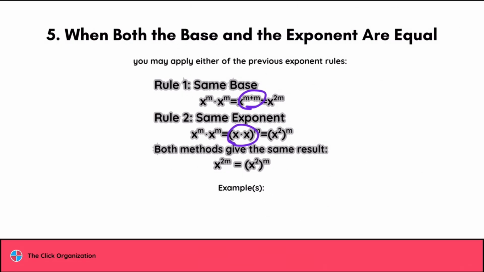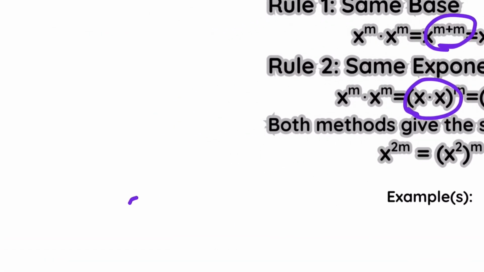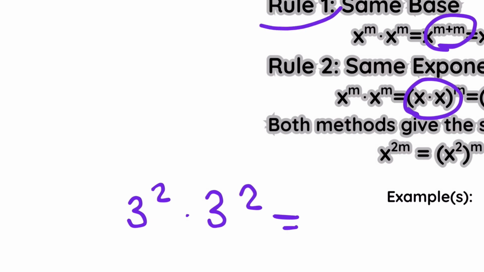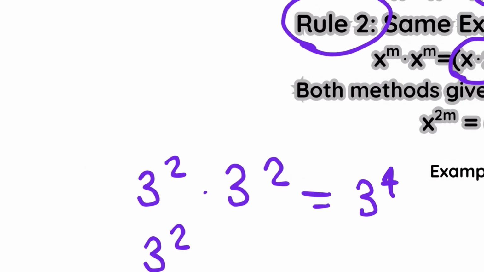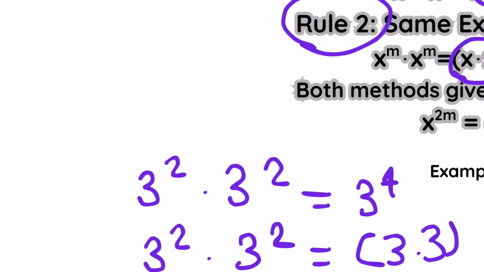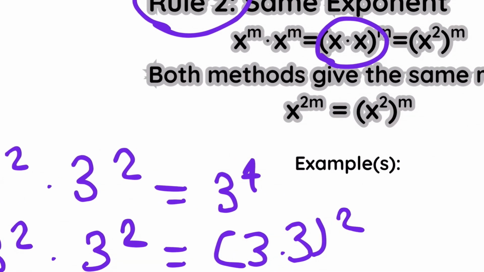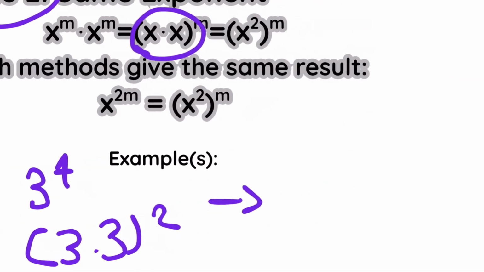So for example, I have 3 to the power of 2 times 3 to the power of 2. Applying the first rule right now, it's going to be 3 to the power of 4. And with this one, 3 to the power of 2 times 3 to the power of 2, it's going to be 3 times 3 to the power of 2, which will be 9 to the power of 2.